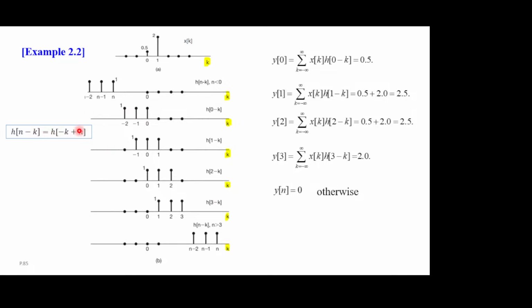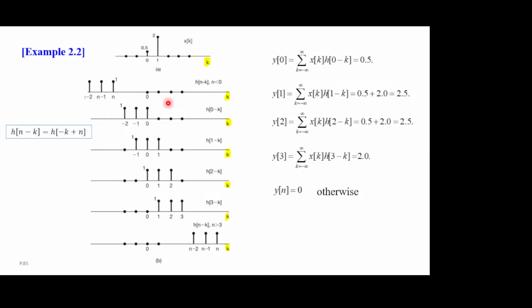Think about this as a function of k: it's h of minus k plus n. So this is both a time reversal and a time shift. The direction is that when n is bigger, your signal will shift to the right, to the plus k direction. This is just correct.